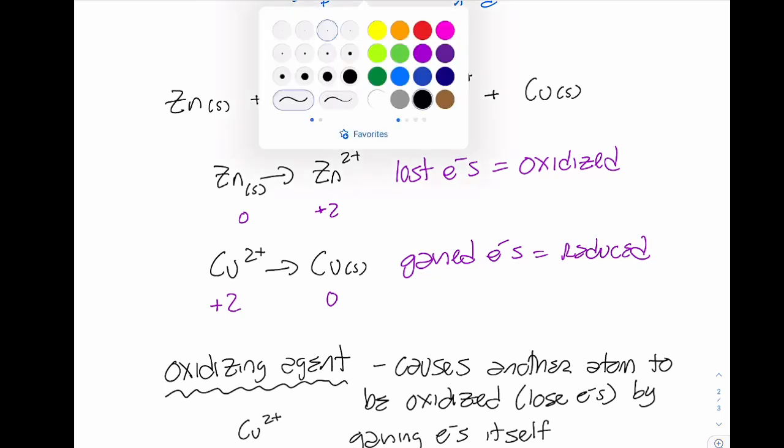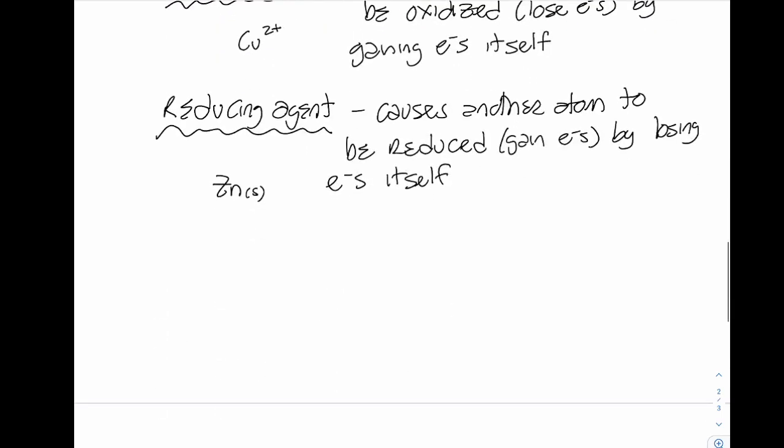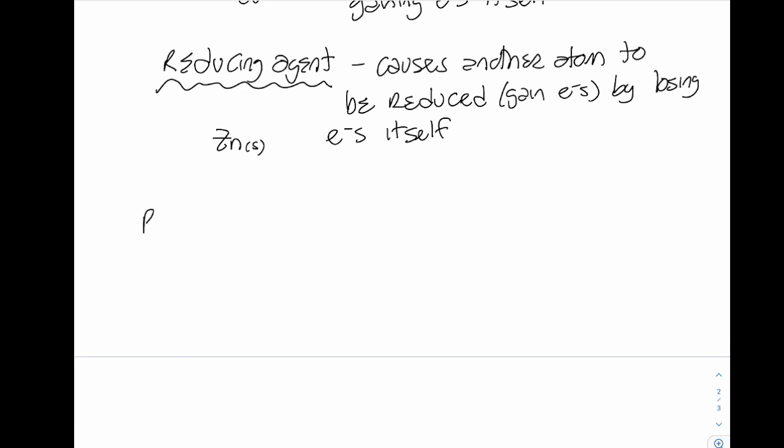Before I do more complicated examples though, I do want to go through our oxidation number rules. So, rules for assigning oxidation numbers.